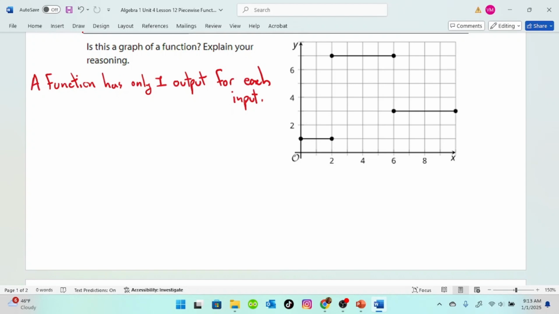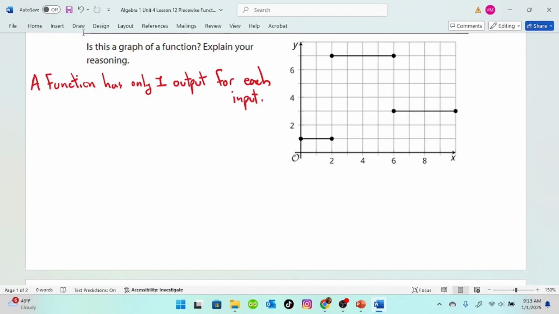So one way that we test this is something we call the vertical line test. If I take a vertical line, a straight up and down line, and I move it across the graph from left to right, I should only be able to hit the graph one point at a time.